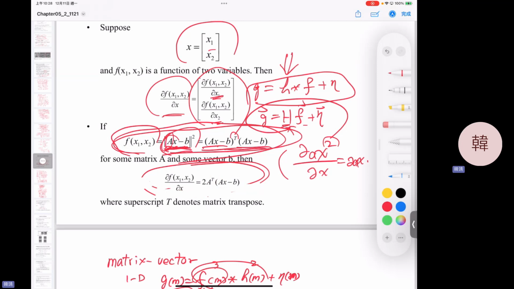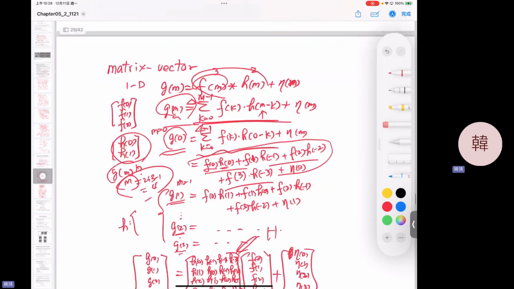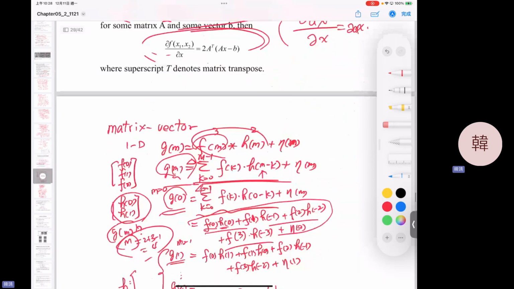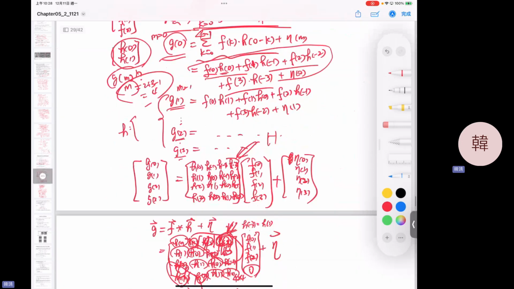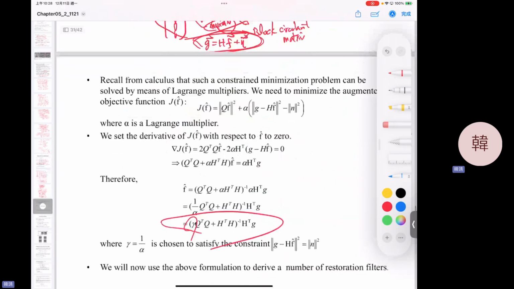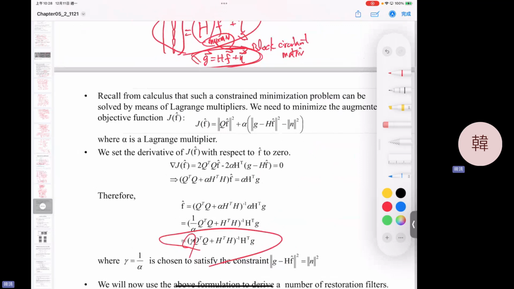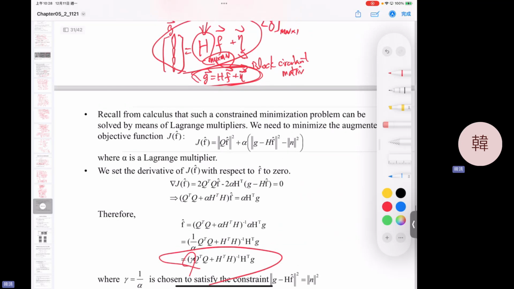Okay, so now we are going to see how we use this basic matrix differentiation and Lagrange multiplier on our system here. So let's recall the calculus we just mentioned for the Lagrange multiplier. So remember, our problem is to try to minimize the Q of f here. So that's our issue.